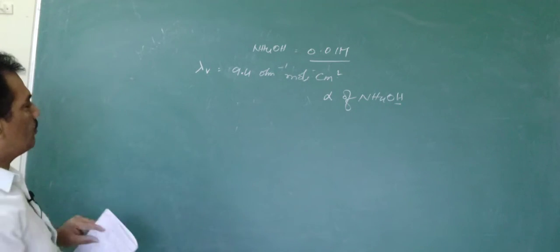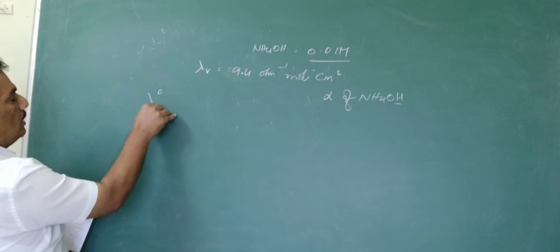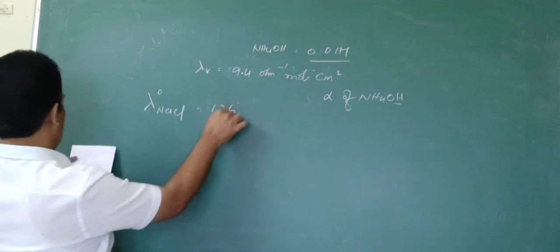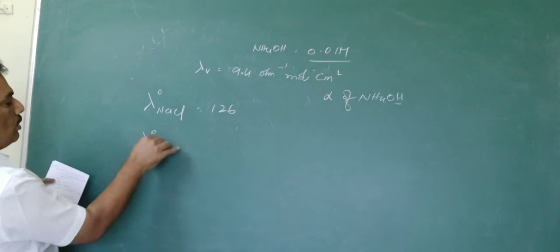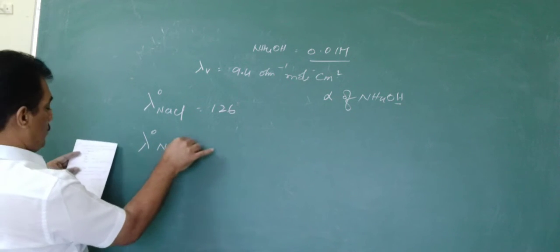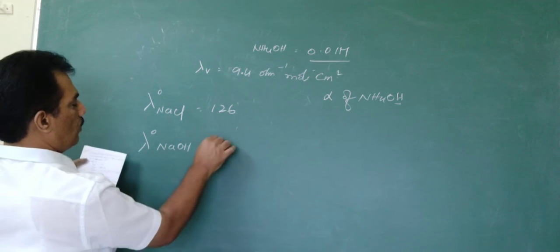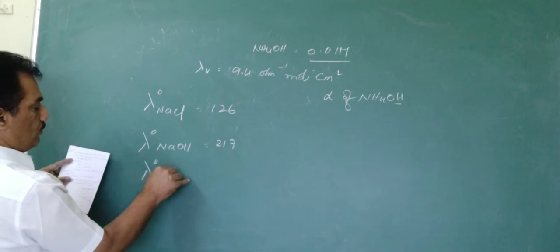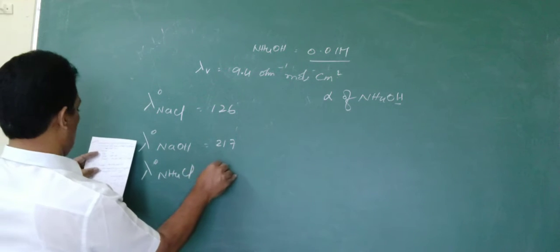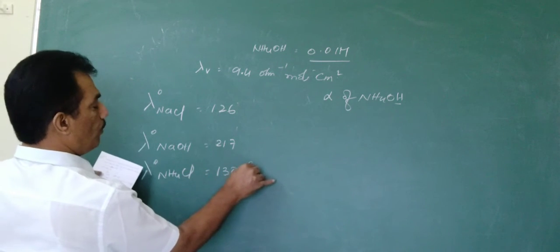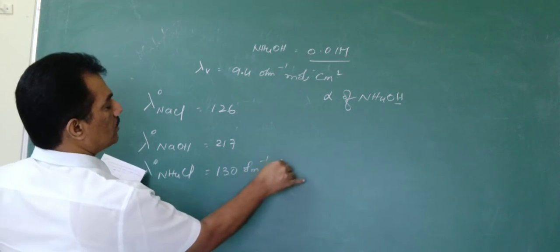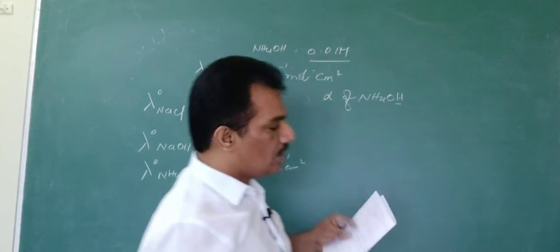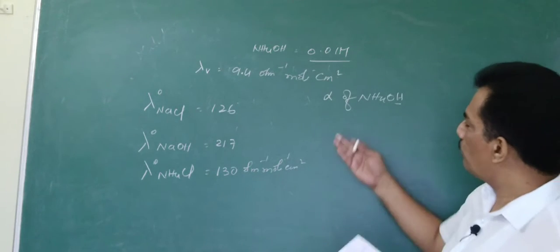The other data provided are lambda naught NaCl, which is 126, lambda naught NaOH, which is 217, and lambda naught NH4Cl, which is 130 ohm inverse mole inverse centimeter square.